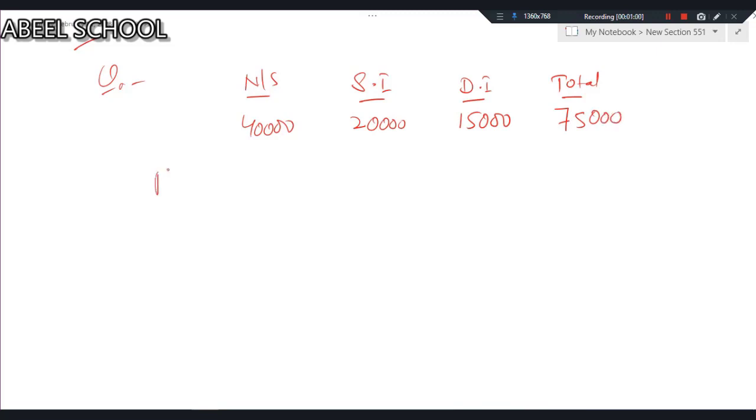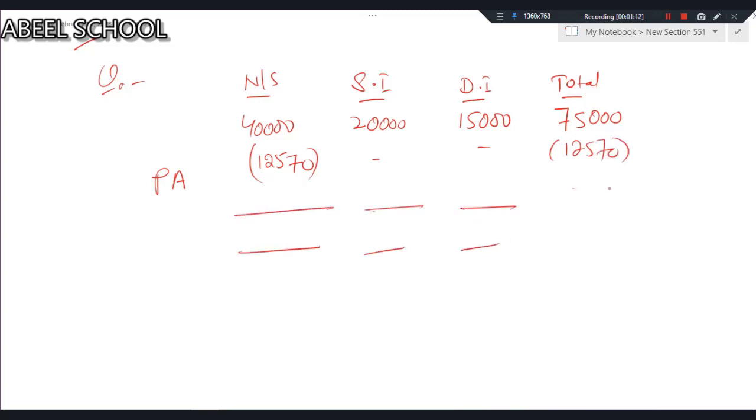Obviously, the personal allowance, which is 12,570, is first deducted from the non-saving income. We will get taxable income. So 40,000 minus 12,570, the taxable income is 27,430.